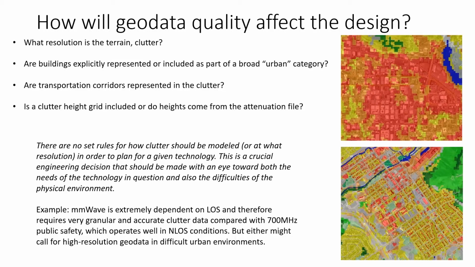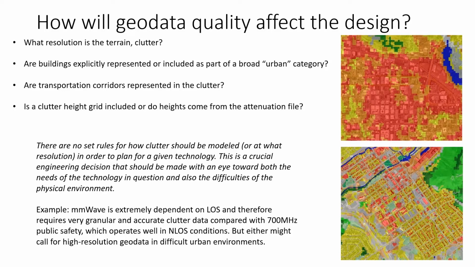And so in cases where your technology or your frequency band is very line of sight dependent, it implies that you need to have much more granular data, and especially height data for your clutter, in order to make sure that if a link path is predicted as having line of sight, then it absolutely does have line of sight out in the real world.